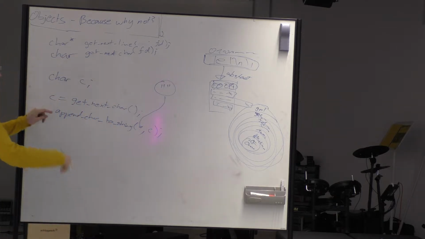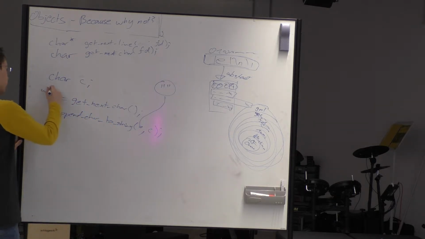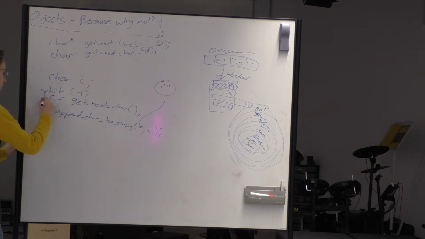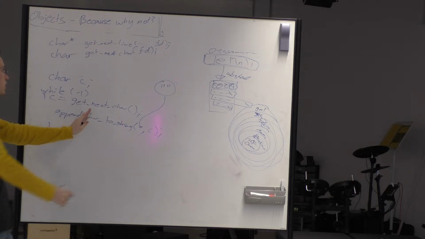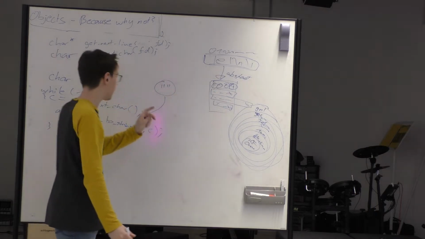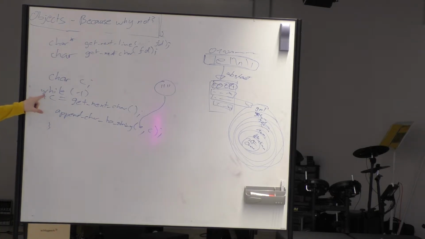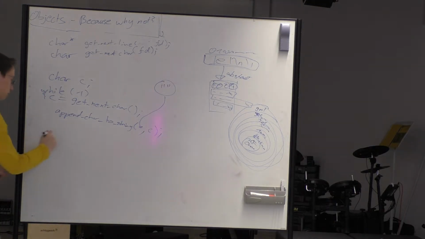And if we do this repetitively, basically forever, what we're going to do now is we're going to add an infinite amount of chars, but character by character. But what do we know about while loops? We can break out of them. What do we do?